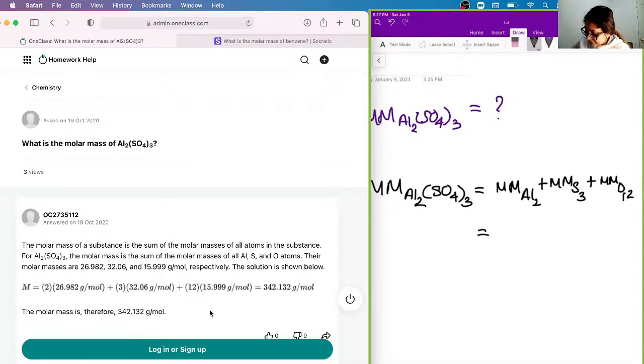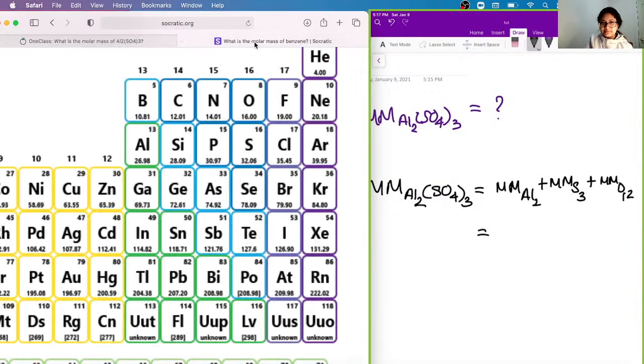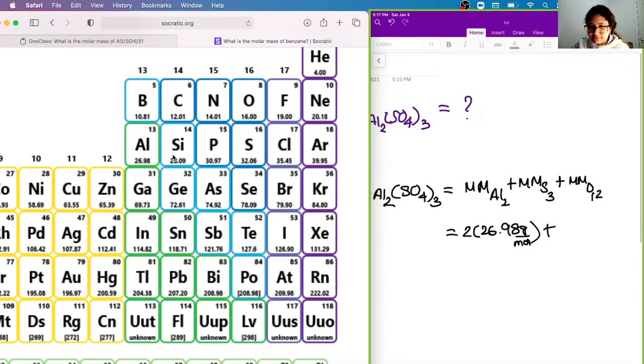So the molar mass of 1 aluminum atom is 26.98. We have 2, so we multiply that by 2, 26.98 grams per mole. And then you would add that with the molar mass of sulfur, in this case 32.06, and we have 3, so we multiply that by 3.